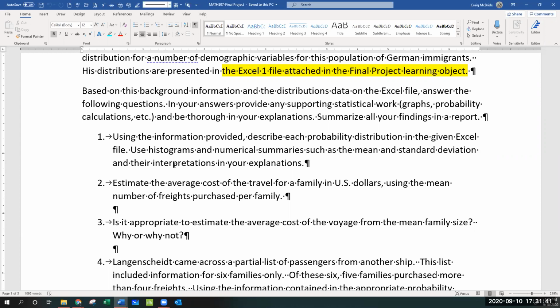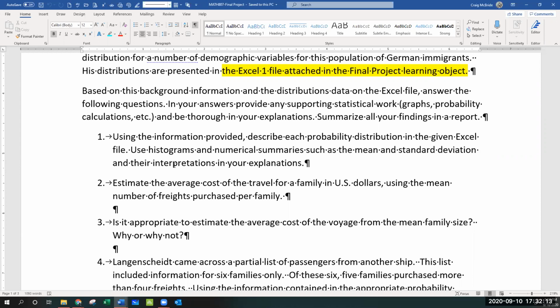So that means, am I doing the 5-number summary? Yes, the 5-number summary on the freights probability, families per parish probability, and the number in family probability. Correct. Are those my variables? Yeah, so you want to run histograms on all three, and then do the 5-number summary along with mean and standard deviation for all three.